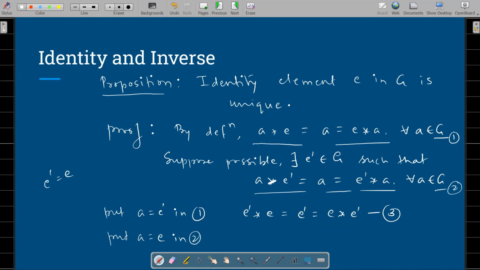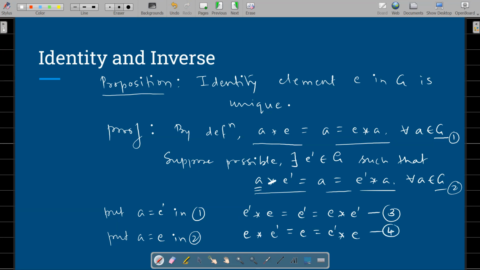Okay, that's the standard way to show uniqueness. Yeah. So E star E dash, I'm putting A equal to E here. E star E dash equal to E dash star E. And I'll call this as 4.